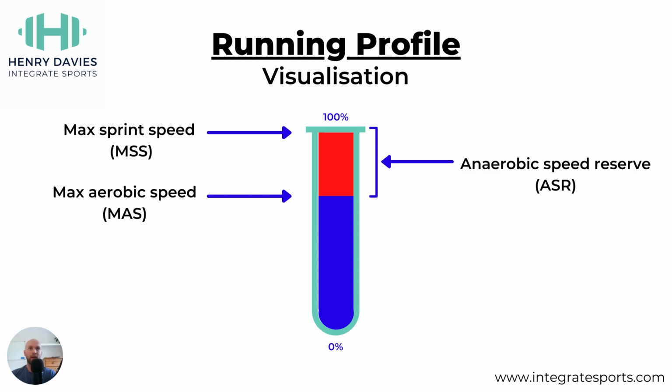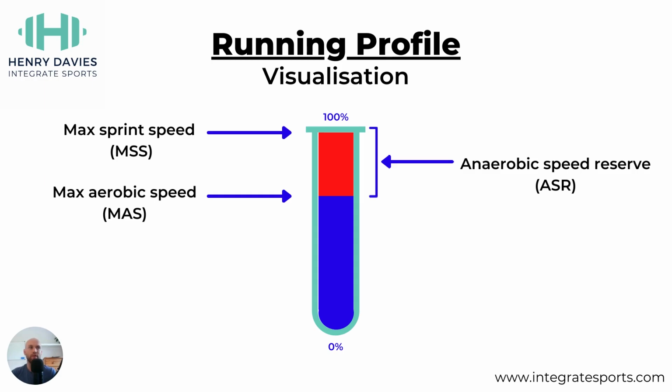Slightly lower down, at around 70%, and that's an arbitrary number, it depends very much on the individual, and that's why the profile's important, is where we get our maximal aerobic speed. This is the speed at which VO2 max occurs, or the lowest speed at which VO2 max occurs. A good indicator of someone's aerobic fitness, and can be a pretty important measure to determine someone's performance readiness, how effective they're going to be, how conditioned they are.